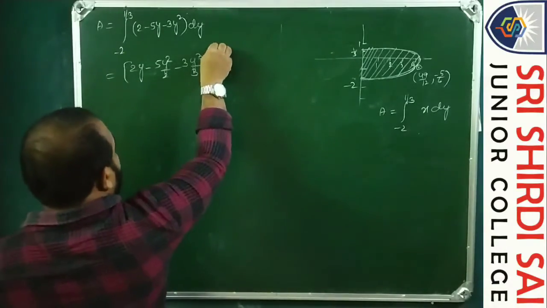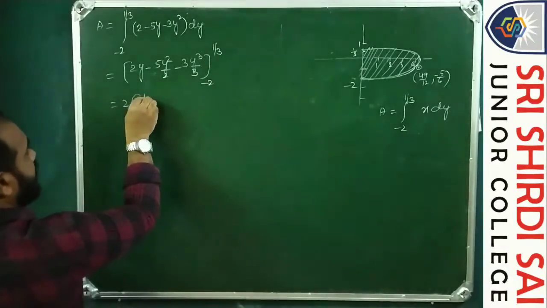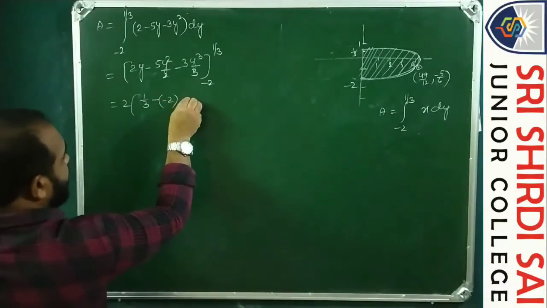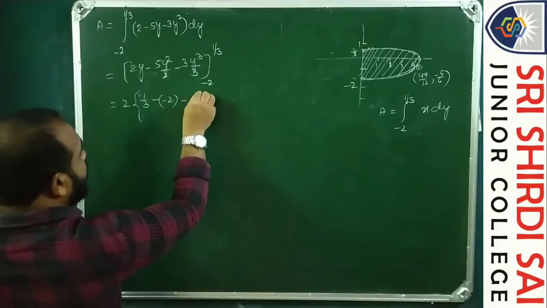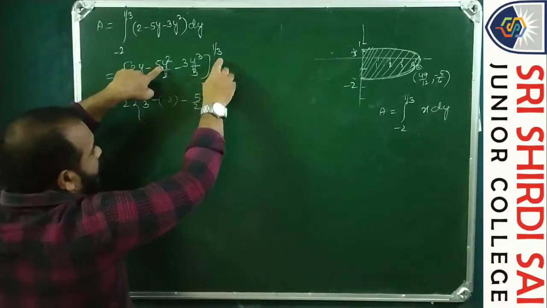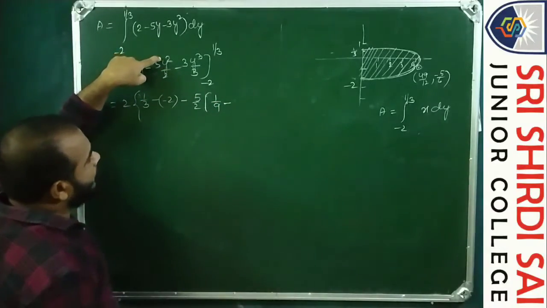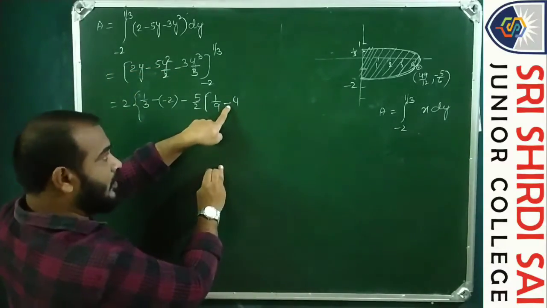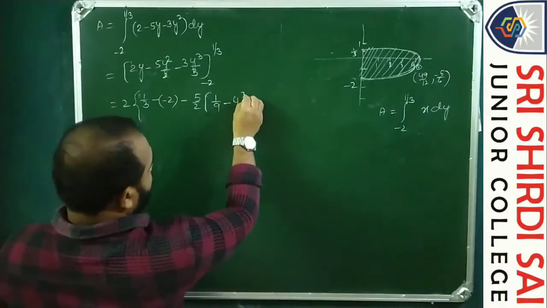Evaluating from -2 to 1/3: 2 times (1/3 minus (-2)), minus 5/2 times ((1/3)² which is 1/9, minus (-2)² which is 4). Upper limit minus lower limit, so minus 4 totally.